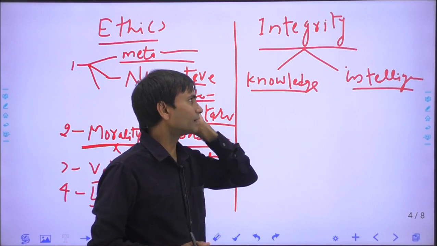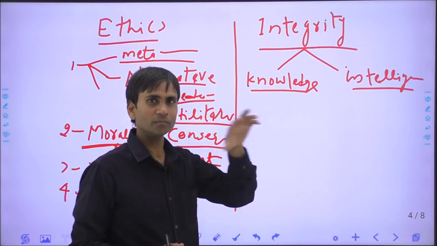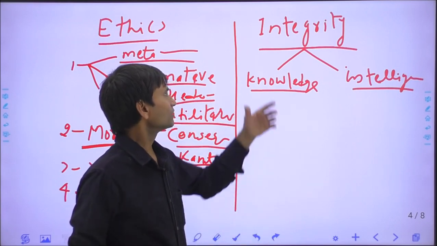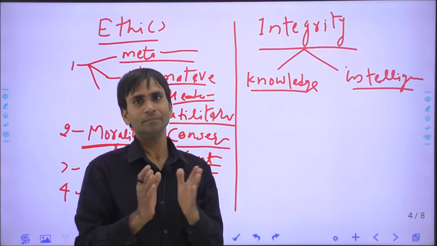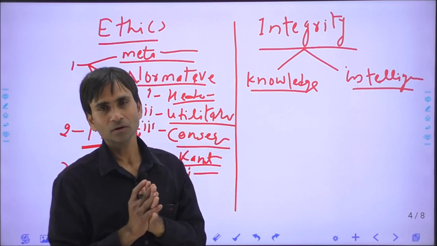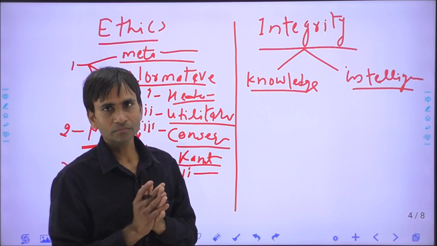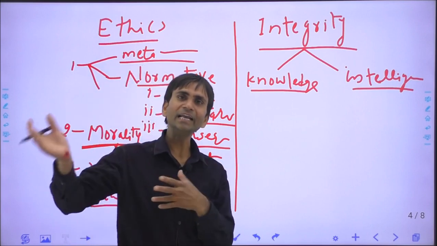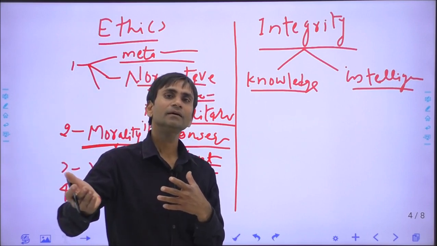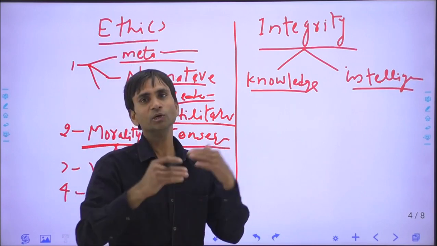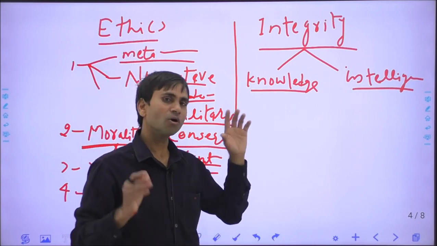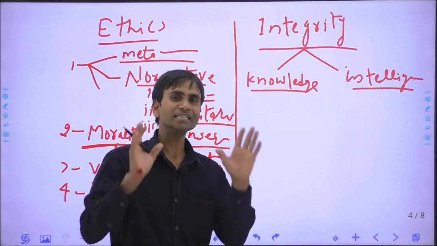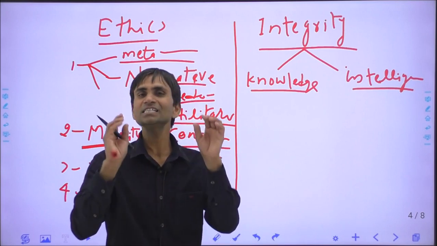Generally it has been discussed in the sphere of the administrative services. If any civil servant does not have complete knowledge or intelligence, at some point he may compromise with his duties. So without knowledge or intelligence, the scope of integrity is very weak.